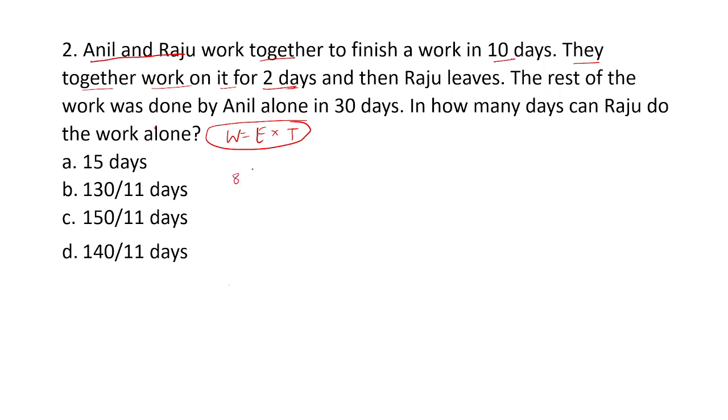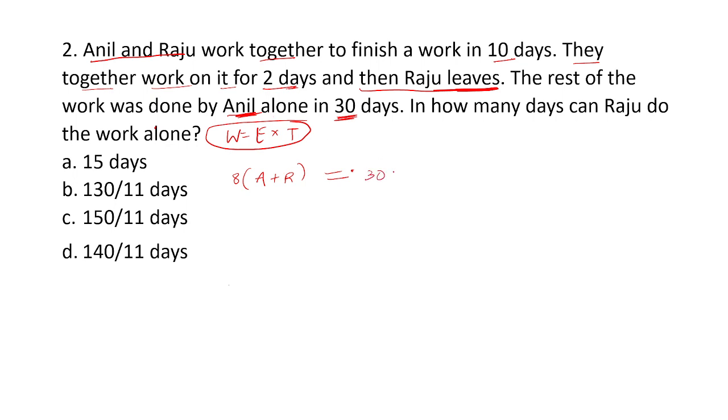So 8 days of Anil and Raju's work is pending. Who has done this work? It is given that after 2 days, Raju leaves. The rest of the work was done by Anil alone in how many days? 30 days. So that means 8 days of Anil and Raju's work was done by Anil in 30 days.